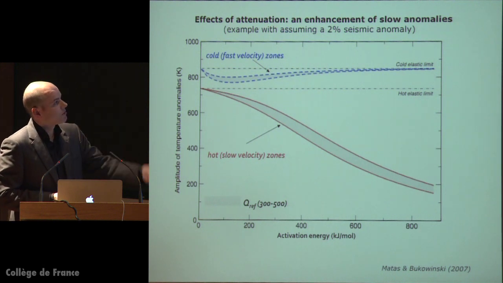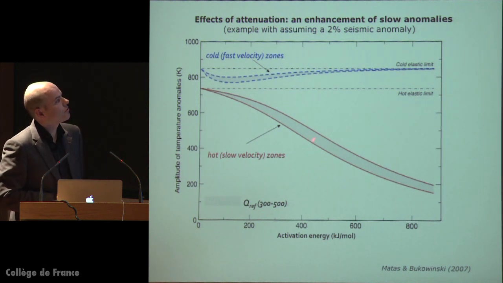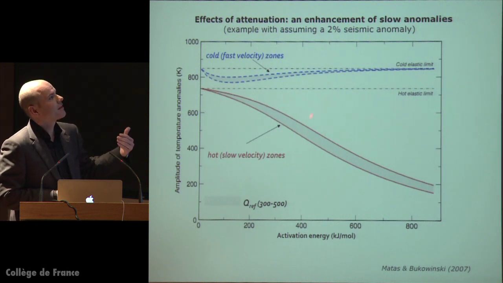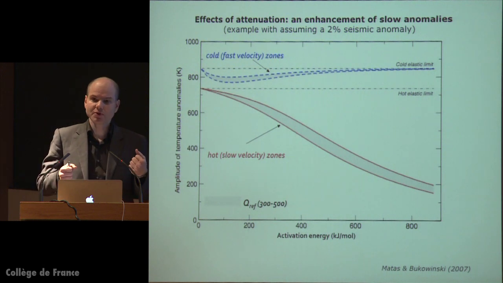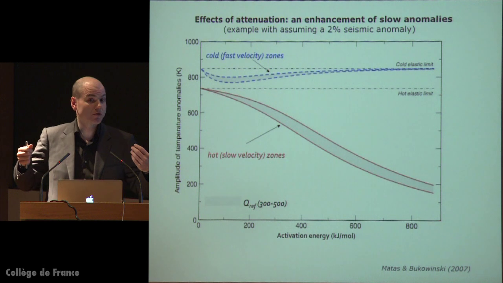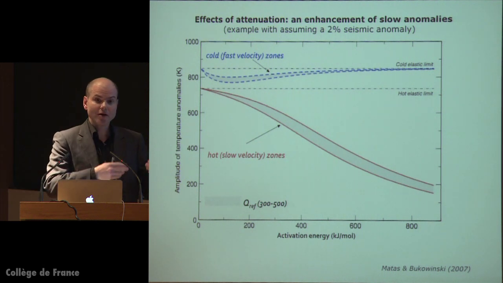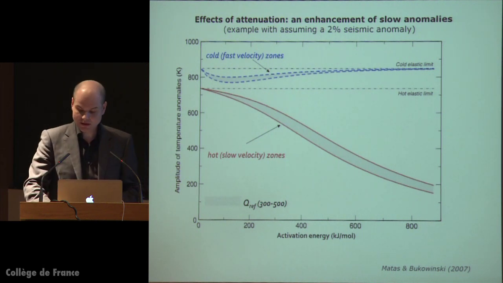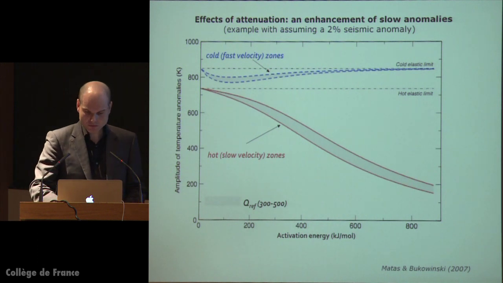But the key feature you should notice here is that in the case of the hot, slow velocity zones, a certain anomaly can be explained with a temperature variation which can be smaller by a factor of 2 than what you would expect in the elastic case. So that's one important thing.